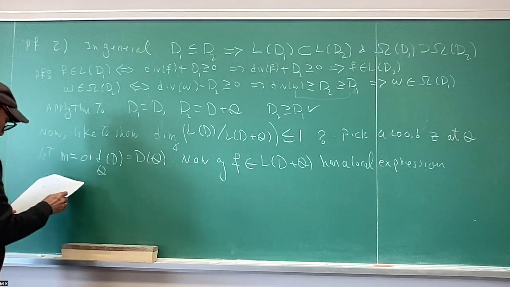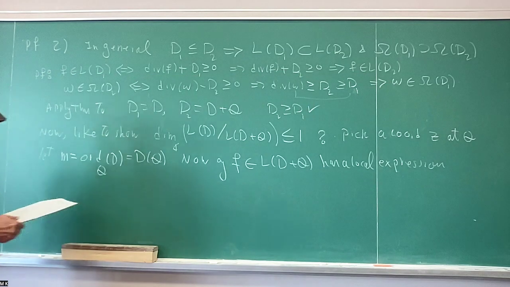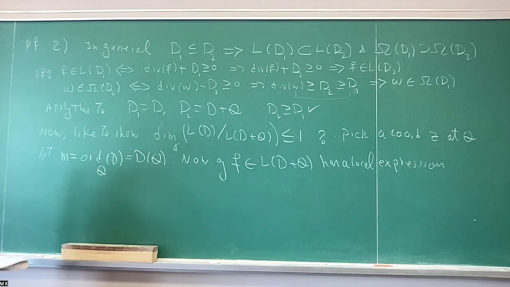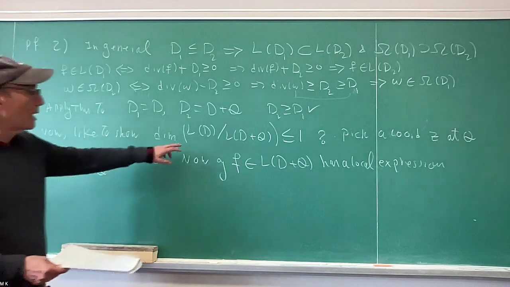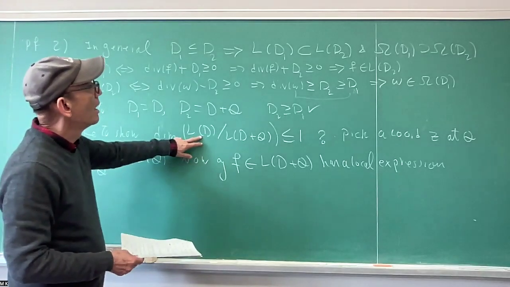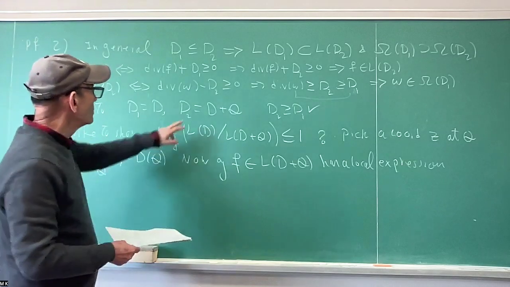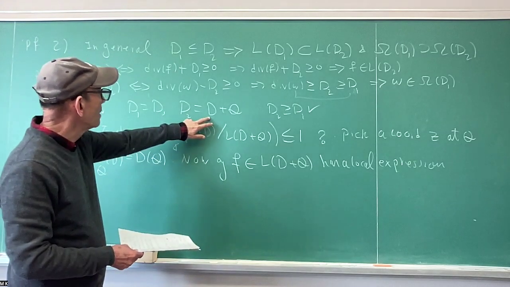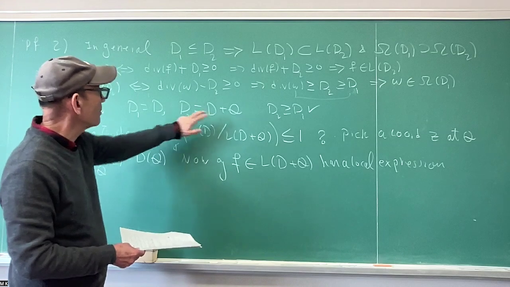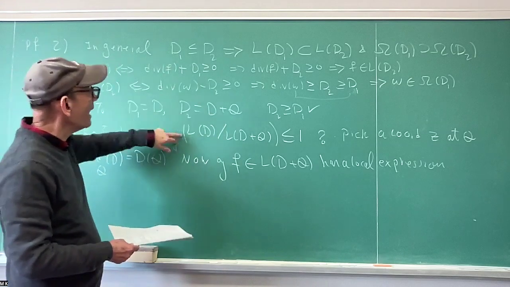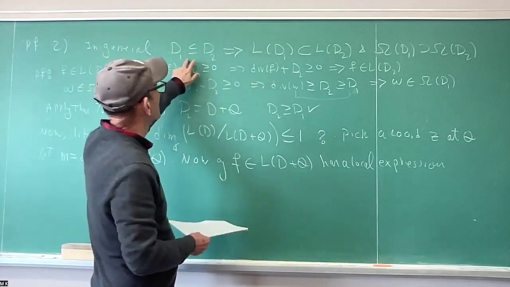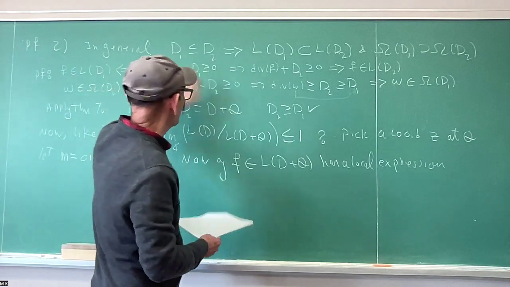Professor, isn't it L of D plus Q over L of D? It should be the other way around? I think so, since this is a subspace of that. Oh, no, you're right.